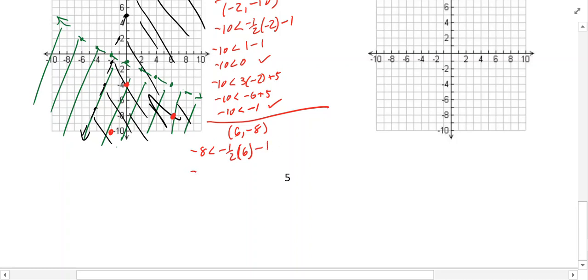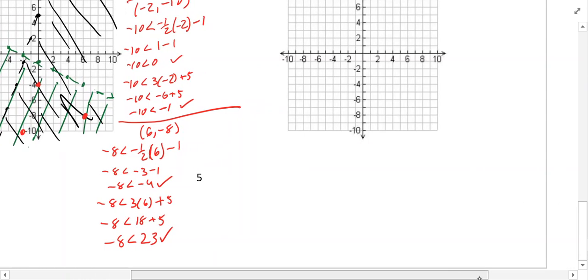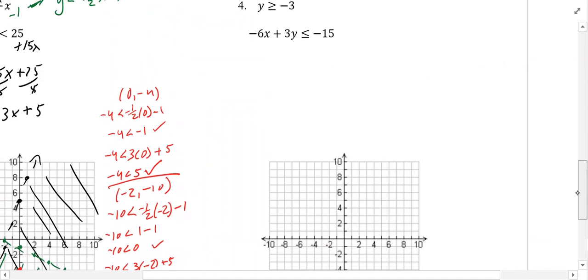So negative 8 is less than negative 3 minus 1, so negative 8 is less than negative 4. And that's true. And then my second equation, negative 8 is less than 3 times 6 plus 5. So negative 8 is less than 18 plus 5, so negative 8 is less than 23, which is true. All right, so I verified that problem and the shaded area, that they were true statements.